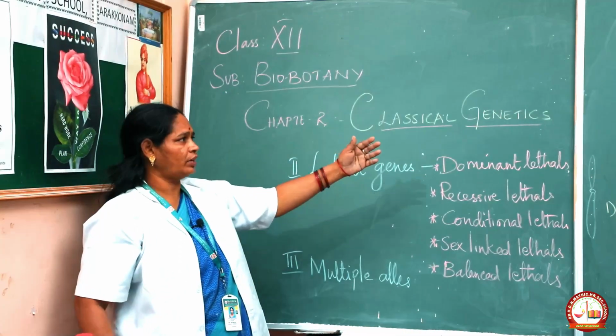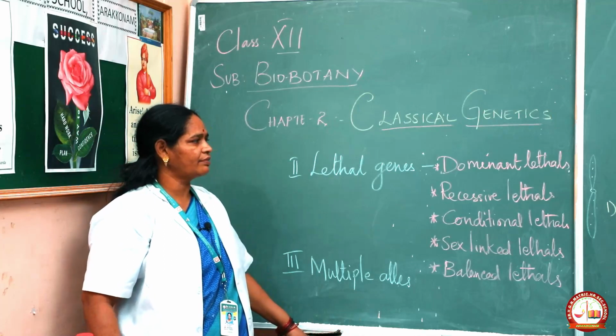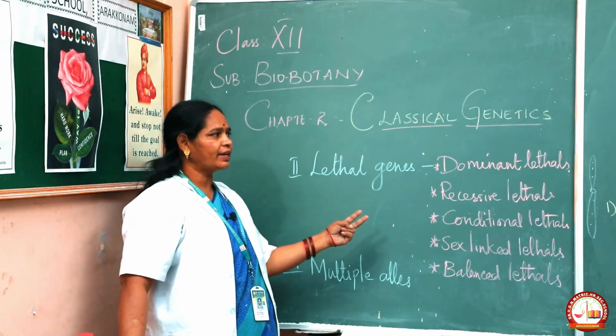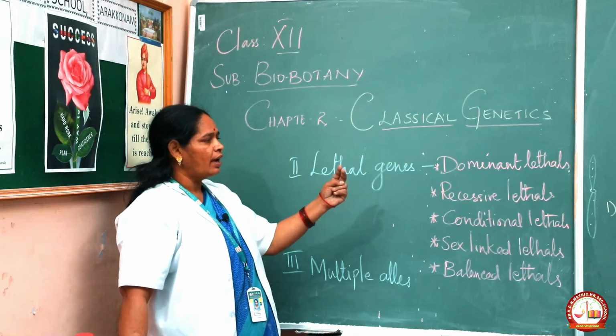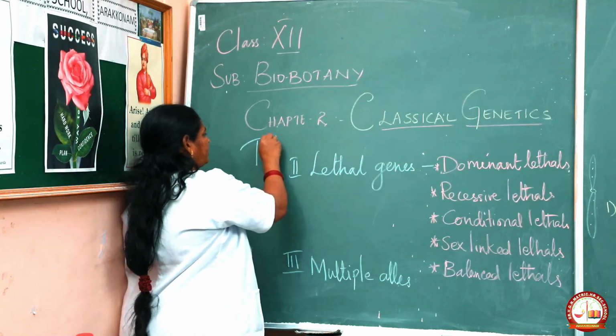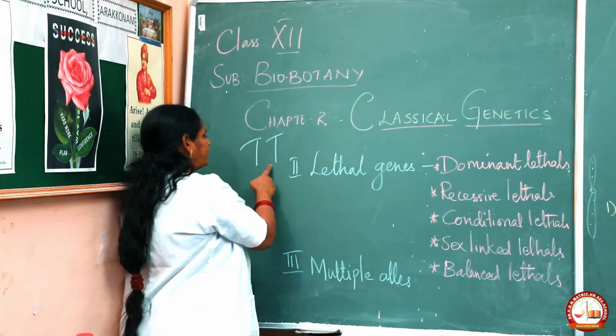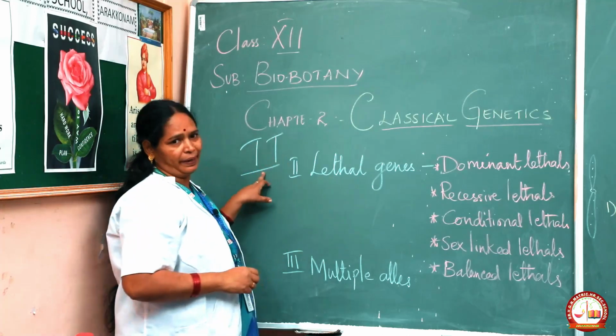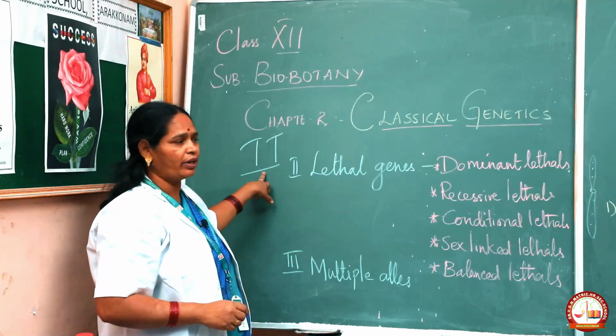Children, as I said before, gene interaction is classified into two types: allelic interaction and non-allelic interaction. As you know, what is an allele? Capital T is one gene and another is a gene; genes always exist in pairs, and they are called alleles.